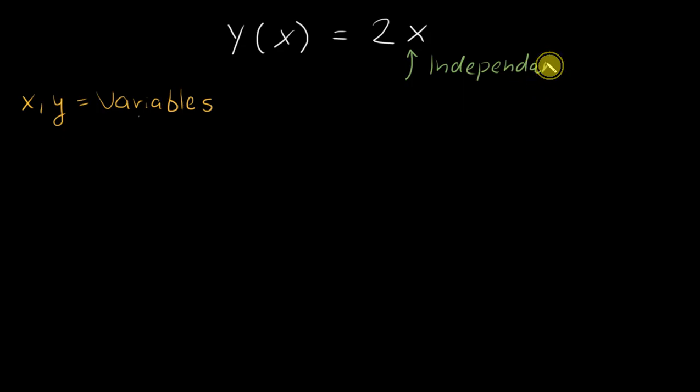That means that I can plug in, let's say, x equals 2, and x will stay x equals 2. It doesn't depend on anything. However, the y variable right here, and this is also written as, we very often just simply skip this bracket part, this green bracket part, and we just write y equals 2x.